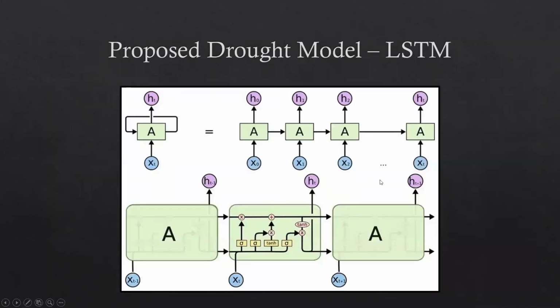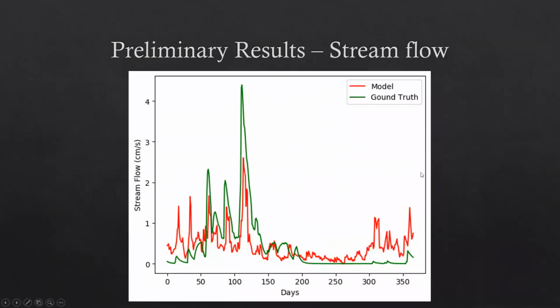As before, I proposed an LSTM, a long short-term memory recurrent neural network, to model this input and output relationship. So far, I have trained the model, and these are my preliminary results.